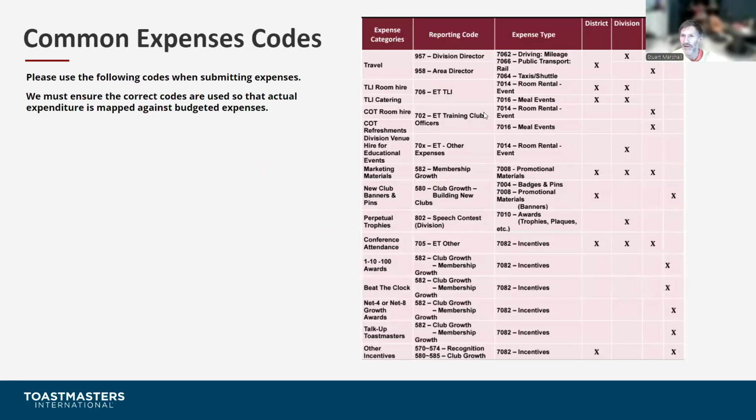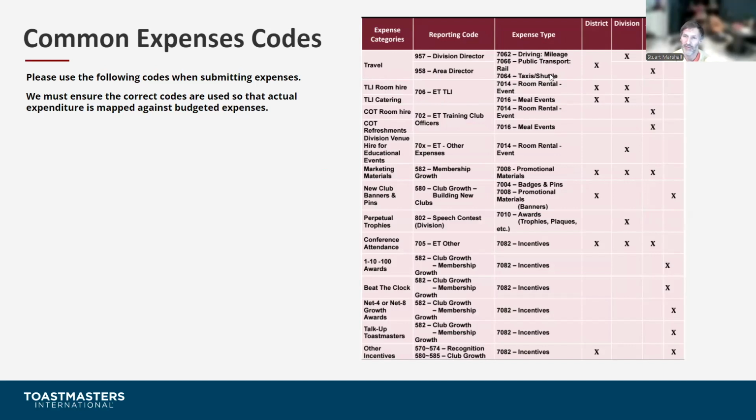Within this document, I have summarized some of the key expense categories, some of the ones that are most commonly used. So generally, you can see here at the top, travel expenses, often as you can see in the third column under expense type, is generally going to be either a mileage claim or it would be the 7066 code, public transport, rail, or in some rare cases, taxis.